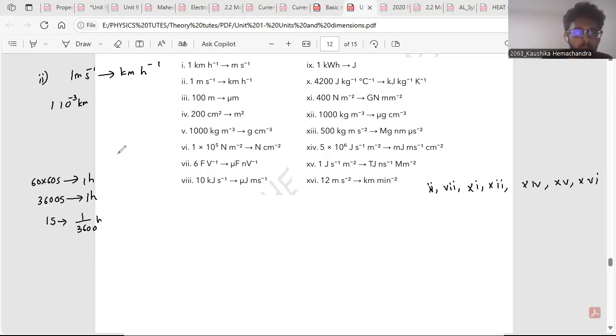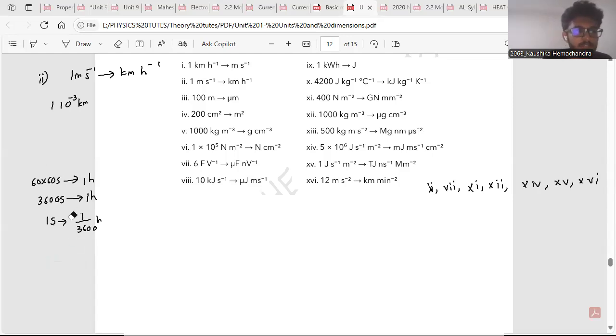So per second, that is the other way. 1 per second means 3600 comes up, right? This is 1 over 3600.